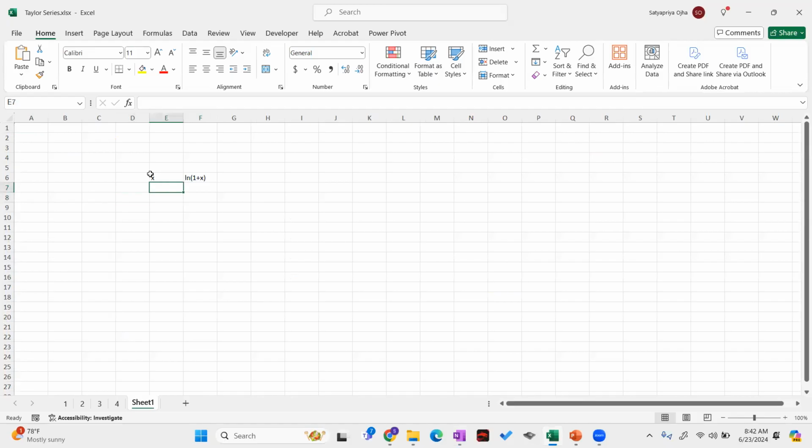Value of x is, let's say, 1, and log 1 plus x is log 1 plus x. And then let's compare. If I make this smaller, 0.5, they are getting close, extremely close. That's why they are same if x is small.